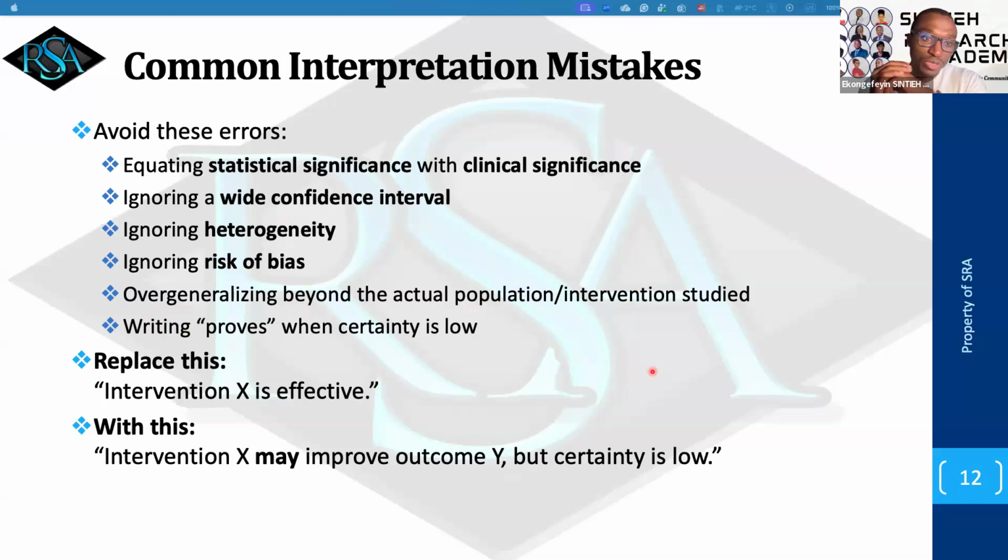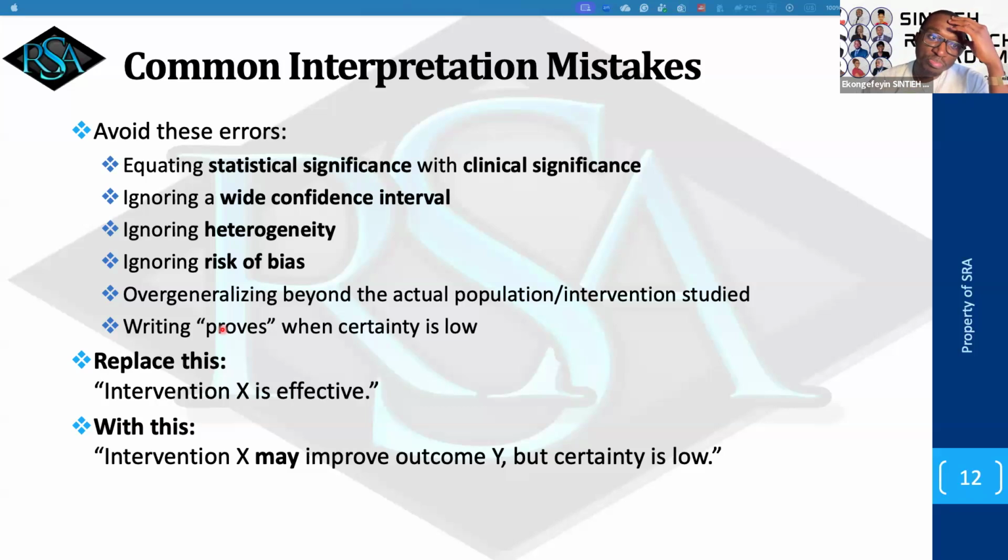So be very careful that you don't overgeneralize your results. And then when your grade is very low, you don't need to say that this proves that. You can simply say that it is highly likely or we may. So you are very cautious, right?